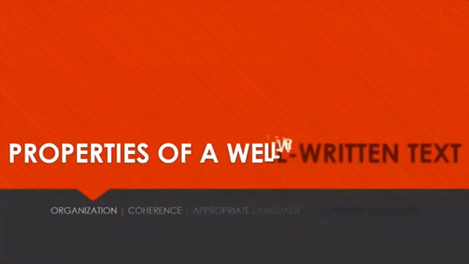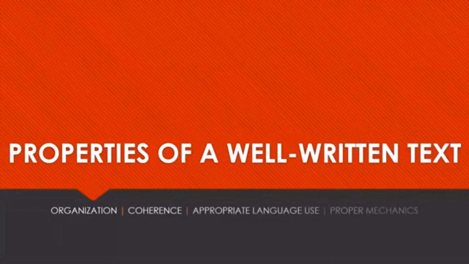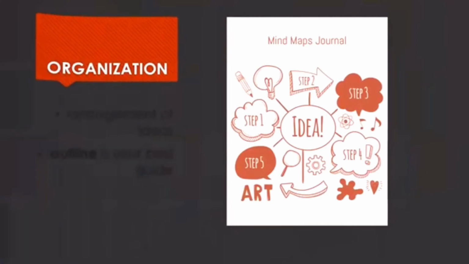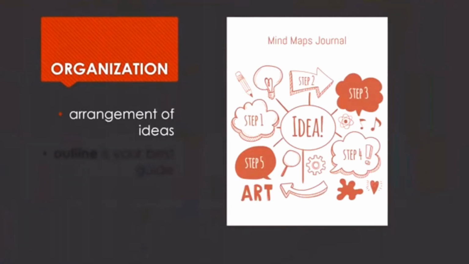These are the properties of a well-written text. Number 1. Organization. This is the arrangement of ideas in a text. To achieve good organization of a text, create first an outline as a guide.